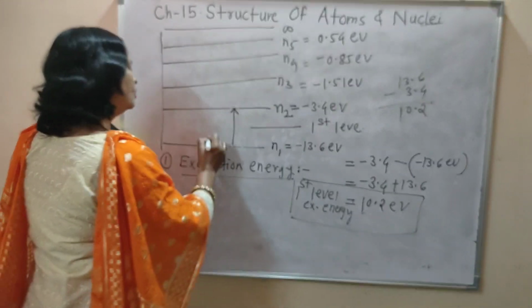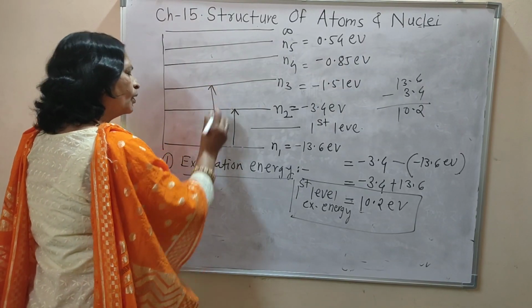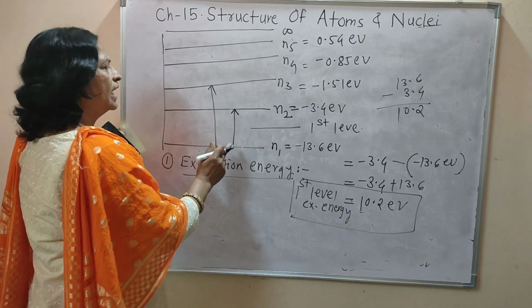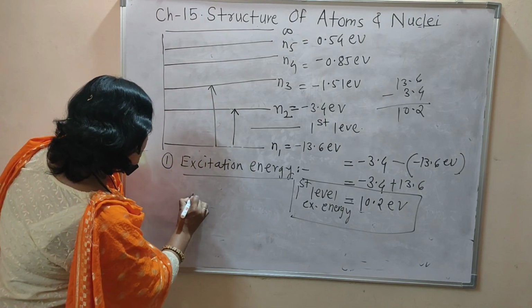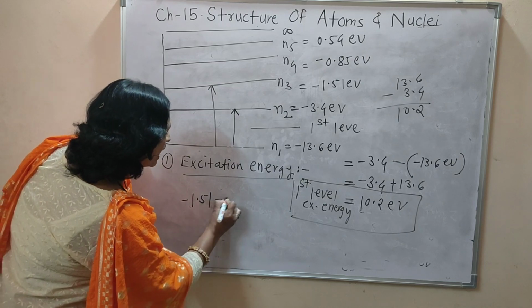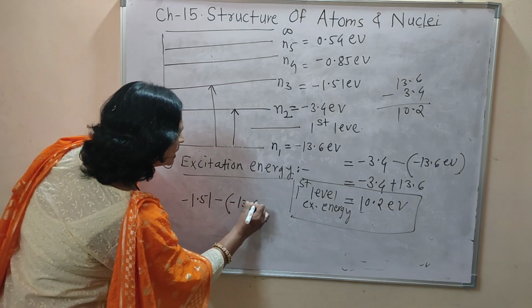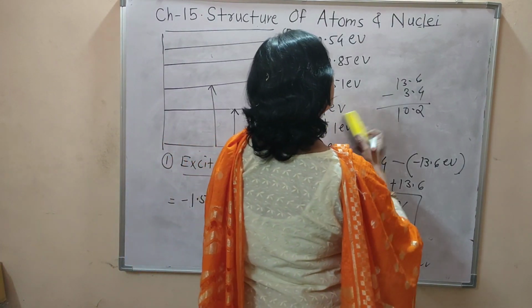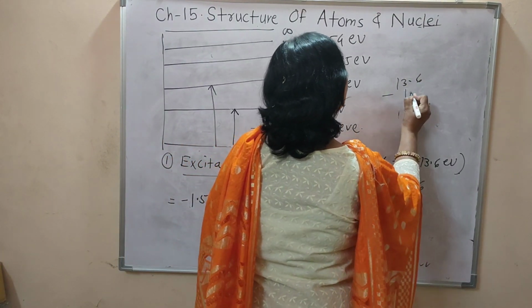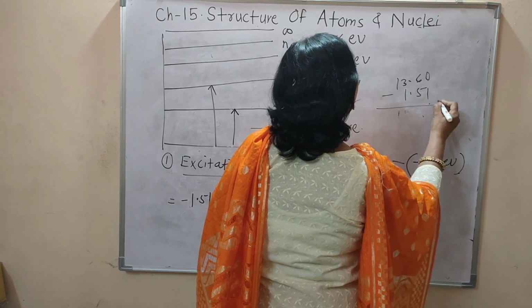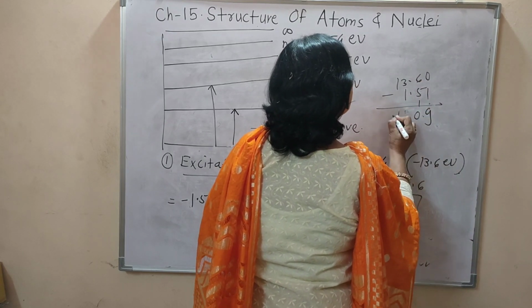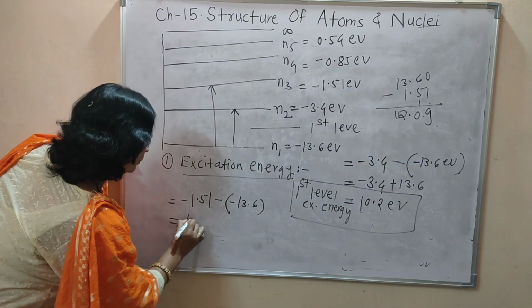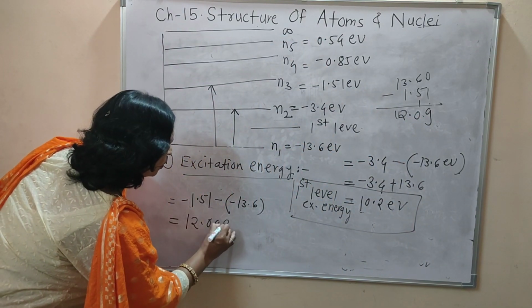Now if we have to transfer the electron from the ground state to the second state, that is nothing but minus 1.51 minus (minus 13.6). Now it becomes 13.6 minus 1.51, which is 12.09 electron volt.